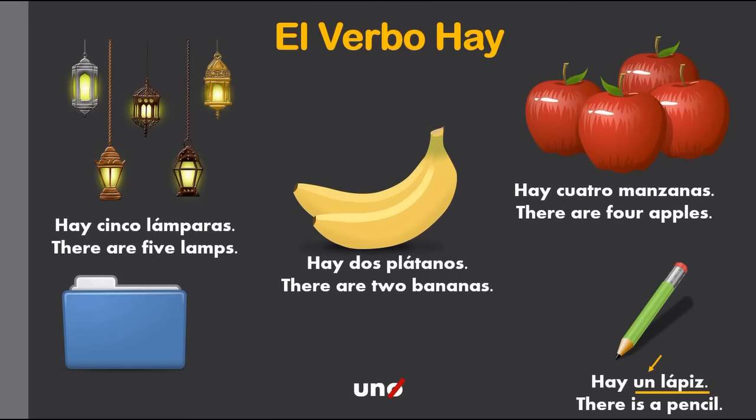Now we have 1 more singular noun. The noun carpeta is feminine, so we will use the feminine indefinite article una instead of uno. Hay una carpeta. There is a folder, or there is 1 folder.